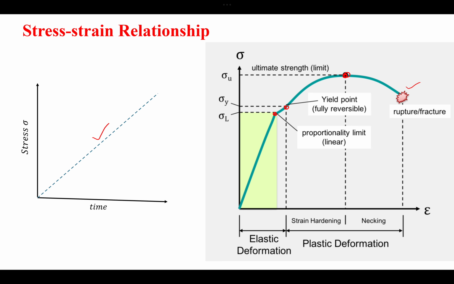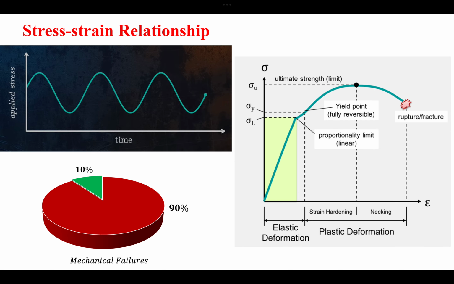But there are cases where your material may fail much below the yield point, even somewhere here maybe. Okay, so this happens when you do not have this linearly increasing load, or you do not have an increasing or decreasing load, but you have a cyclic loading.